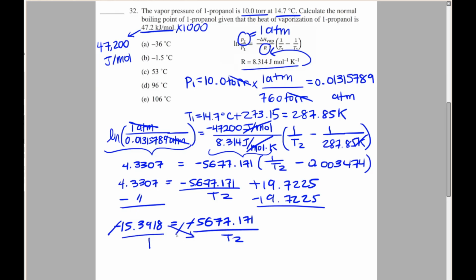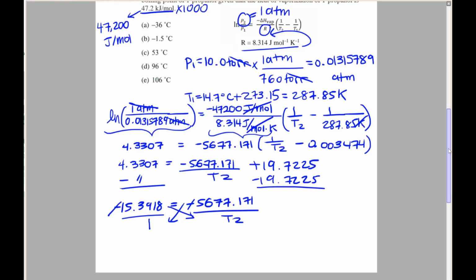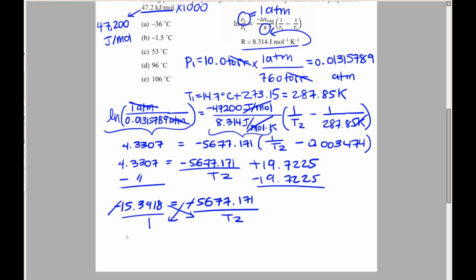We can cross multiply, and we get 15.3918 T2 is equal to 5,677.171. Divide both sides by 15.3918, and T2 will be equal to approximately 368.8 kelvins.